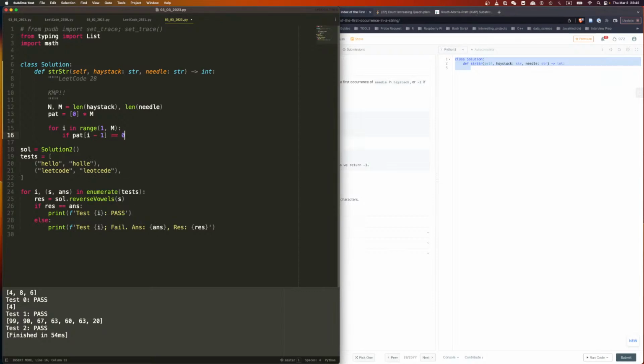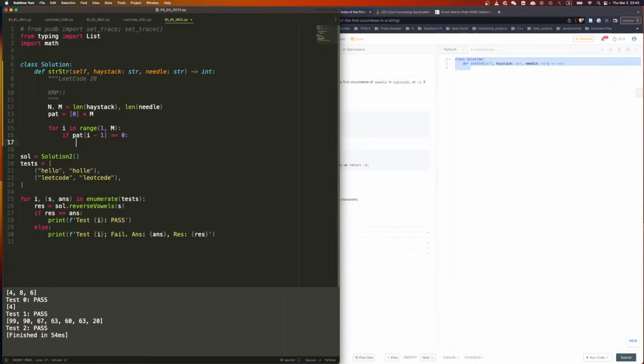That means that one has no length. If this is 0, then this is 1, the length is 1, so you just do 0, right?